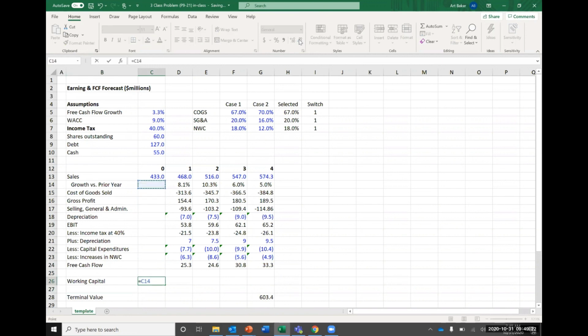So I'll multiply 433 by 18%. And here, I'm actually going to link it to case 1, because they said that is not going to change. What will change going forward is the assumption for years 1, 2, 3. So in year 1, I'll multiply sales by the selected case.